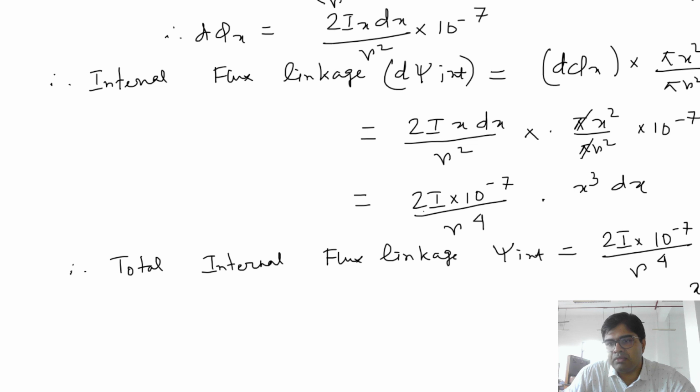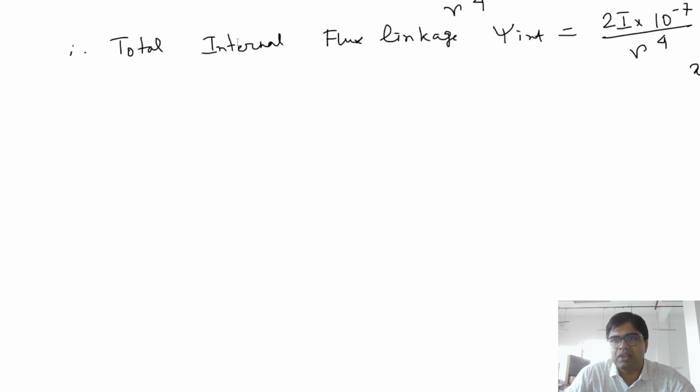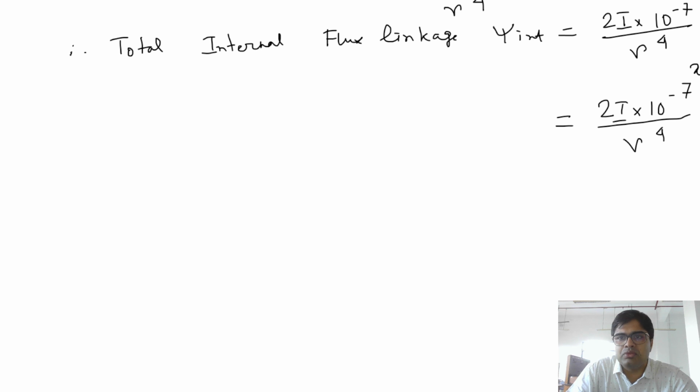The integration comes out to be x to the power 4 by 4. So if you put the limit, this expression will come 2I into 10 to the power minus 7 by r to the power 4 into r to the power 4 by 4.